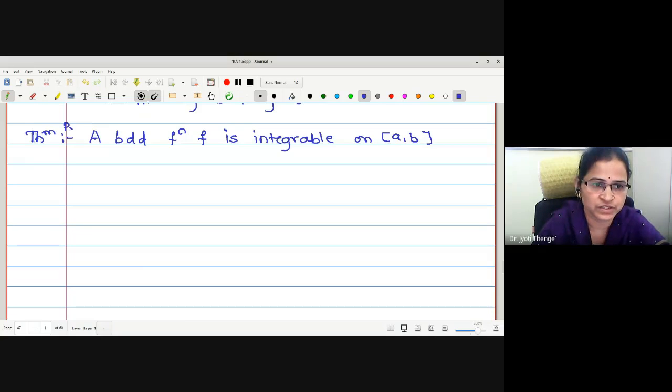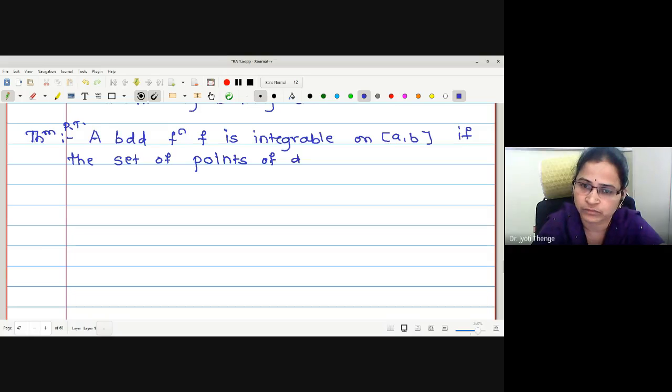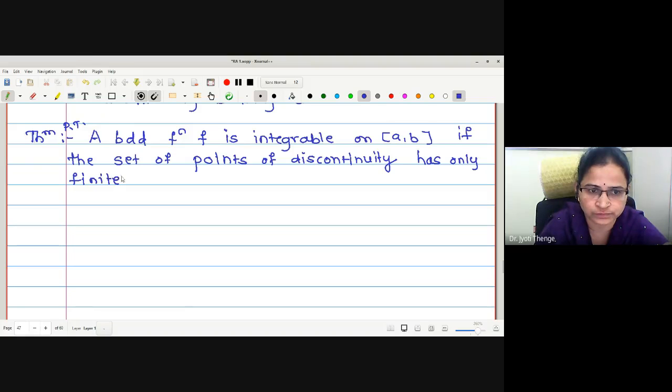Let me first prove that a bounded function F is integrable on closed interval AB if the set of points of discontinuity has only a finite number of limit points. Can anyone tell me how many points of discontinuity it will have then?